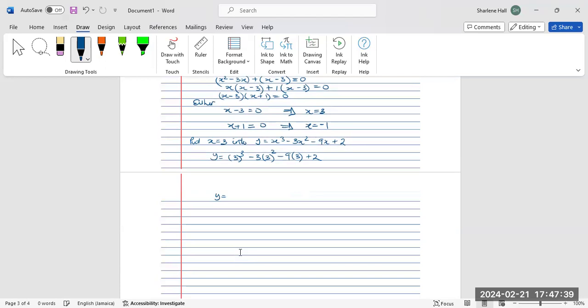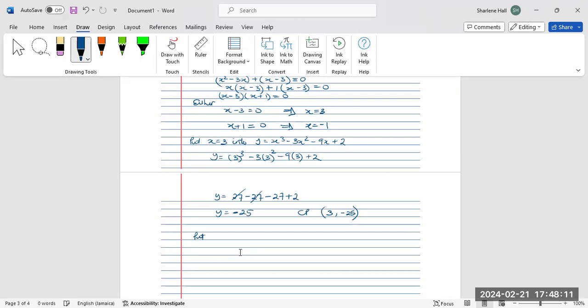Y is equal to 27 minus 27 minus 27 plus 2. That cancels that. You get negative 25? Yes, sir. So my critical point here is going to be 3 comma negative 25.